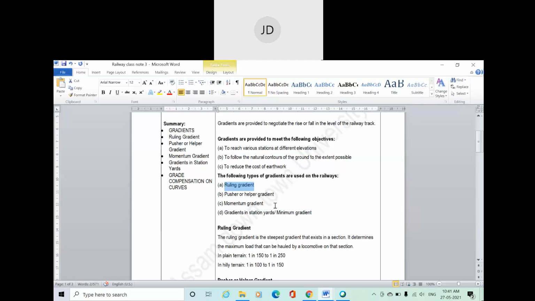After it, we're going to discuss momentum gradient, and then pusher gradient or helper gradient. Why I am not following this order, you will understand very soon. So we're going to start from the gradient in station yard, or minimum gradient.